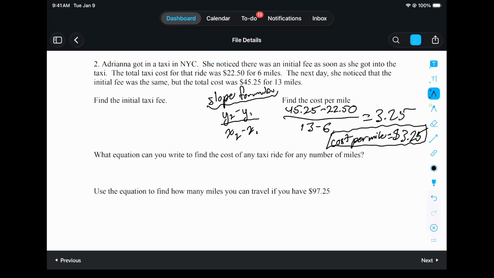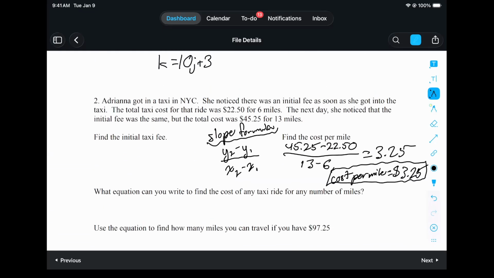Okay, so we did that first for a reason, right? Because the cost per mile is the main thing changing the price. So that's our slope.